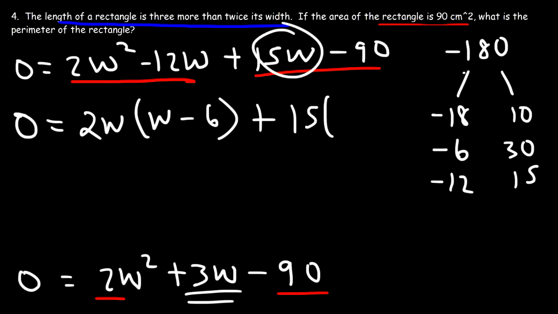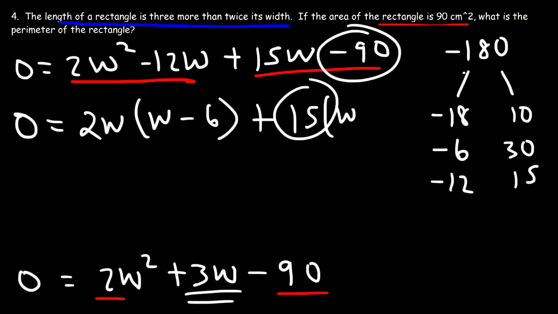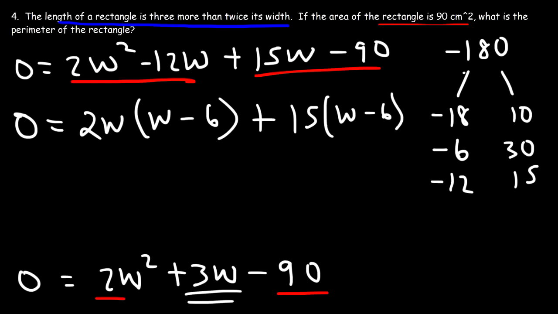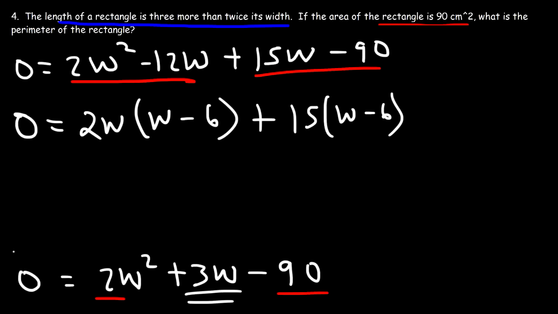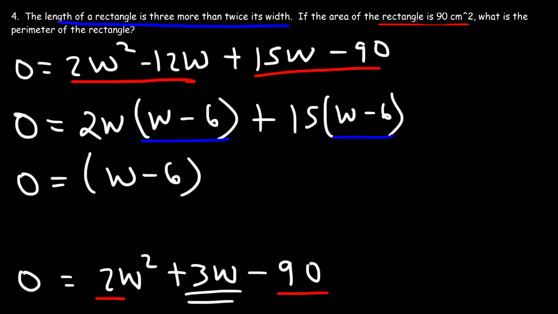So 15w divided by 15 is just w. Negative 90 divided by 15 is negative 6. And at this point, you can see we have a common factor. If we take out w minus 6, we will be left with 2w plus 15.